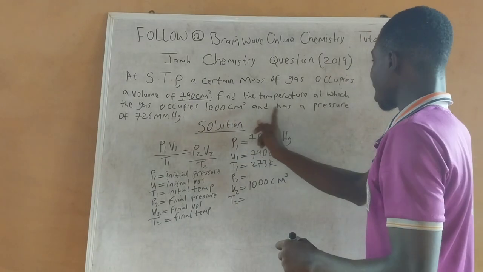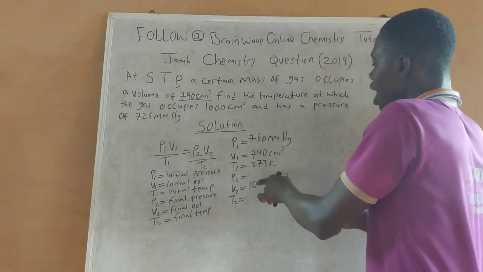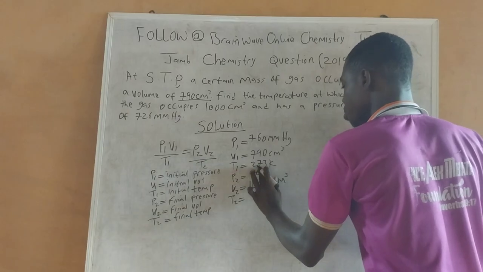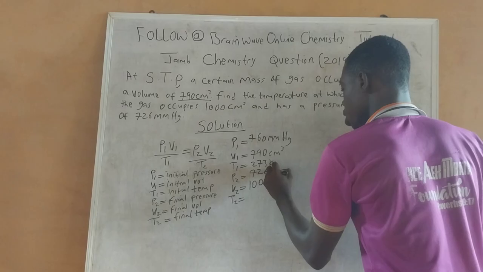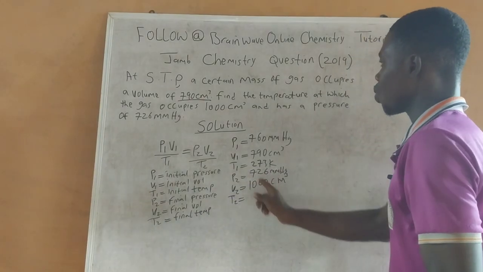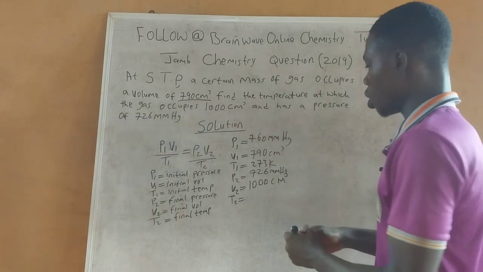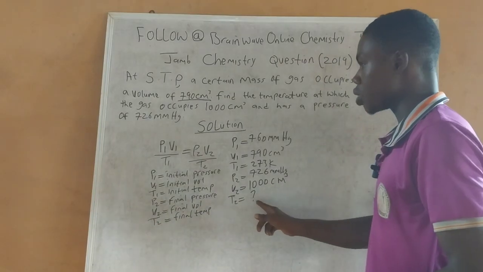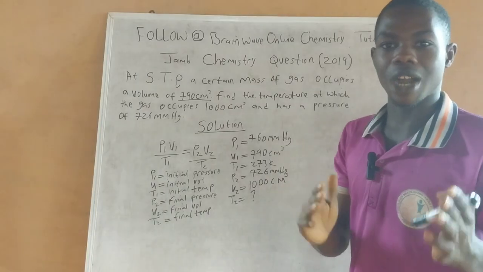Now, this place says and has a pressure of 726 mmHg, which means that our P2 is 726 mmHg. Now the question says that we should find the temperature, which is T2. So now we are finding our T2.